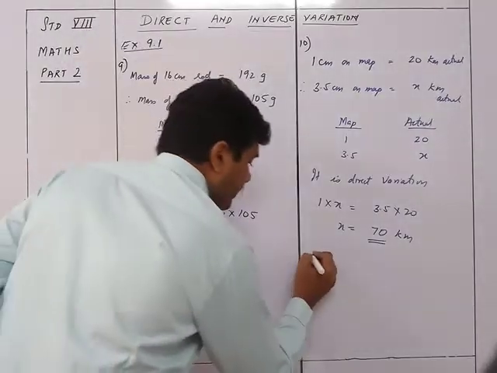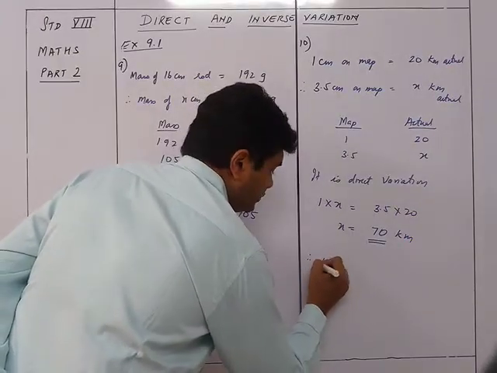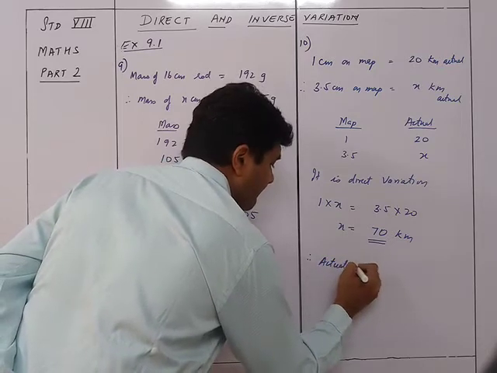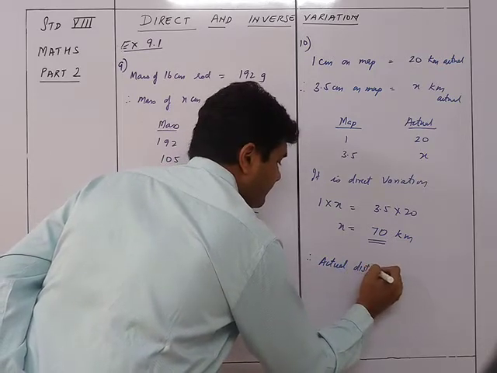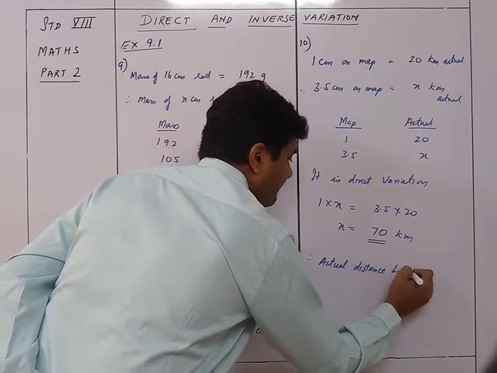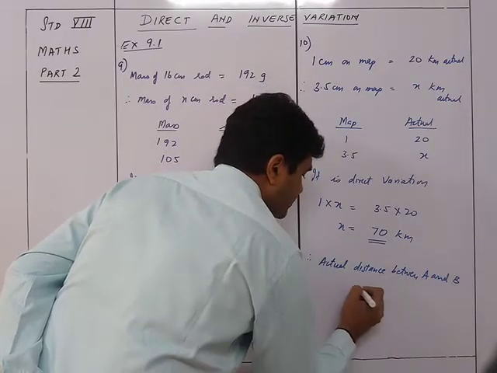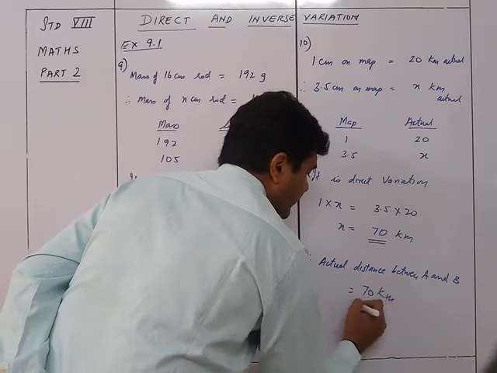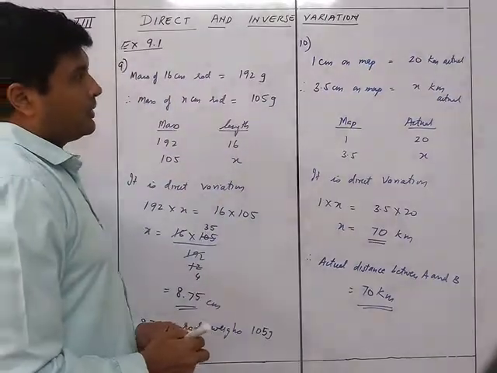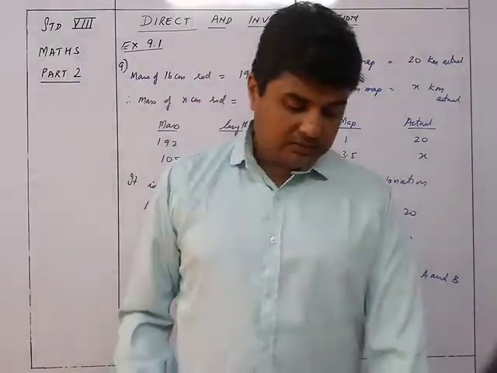So therefore, the actual distance between A and B is equal to 70 kilometers. That's sum number 10.